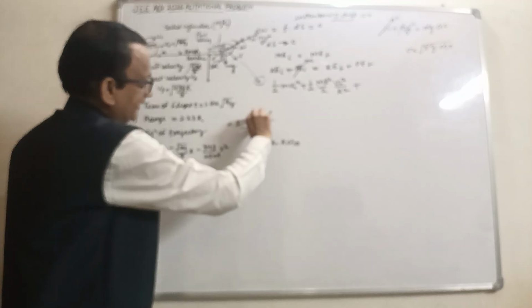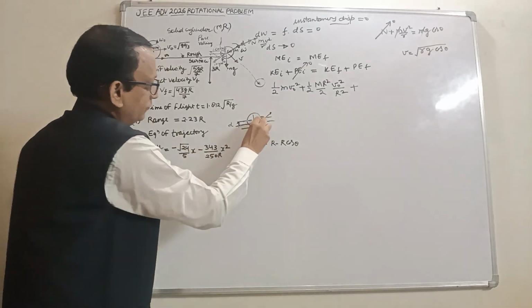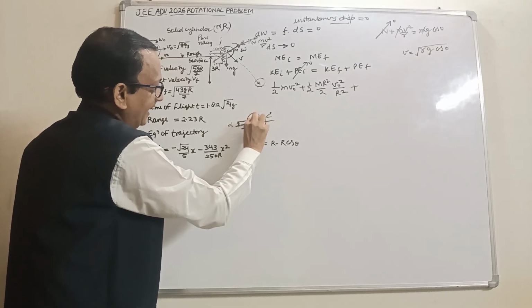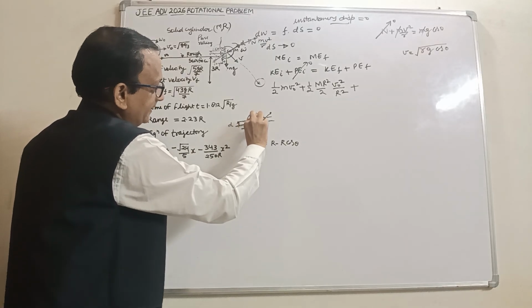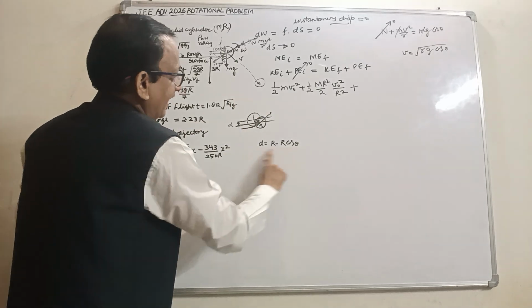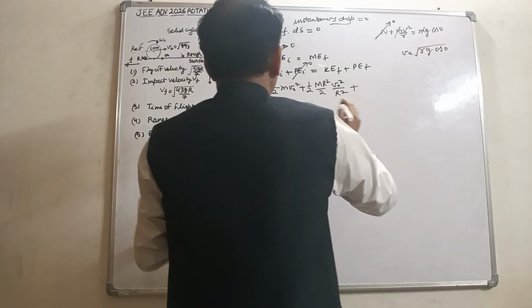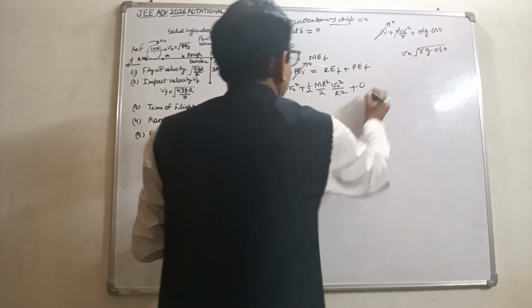The total distance is r, and this length would be r cos theta. The total length is r, so r cos theta is subtracted. So d will be r minus r cos theta. Putting the value here, the initial potential energy is 0.